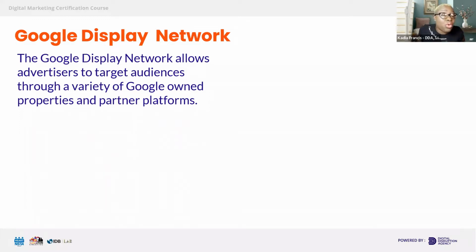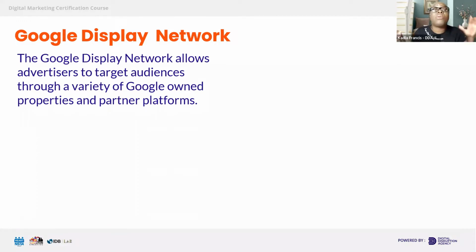But let's talk about the Google Display Network, right? There's a variety of ways that Google allows you as an advertiser to target your audience depending on where they are. Google has a lot of digital property: YouTube, search engines, maps, shopping, all sorts of different platforms Google has created, which they call Google properties.